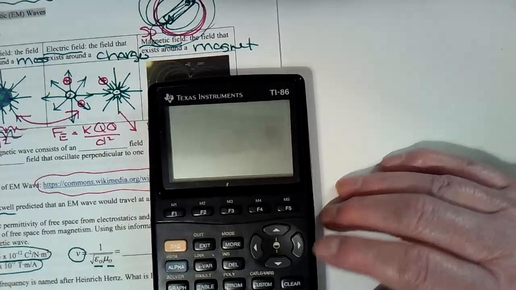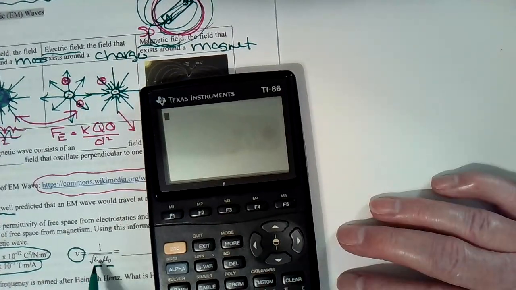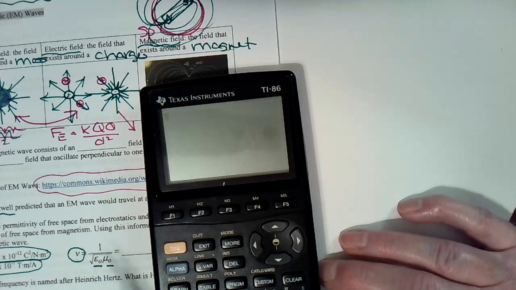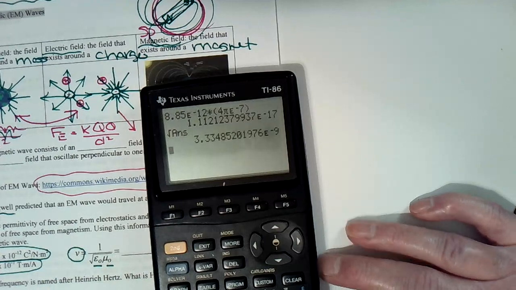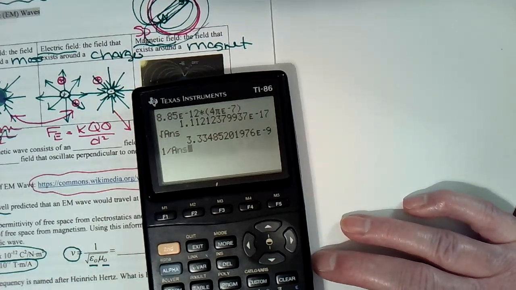And if we take those values, and I'm going to take the E naught value, and that is 8.85 to the negative 12. And we're going to multiply that by 4 pi to the power of negative 7. And then we're going to square root that. So square root of the answer, and then we're going to go 1 divided by the answer.